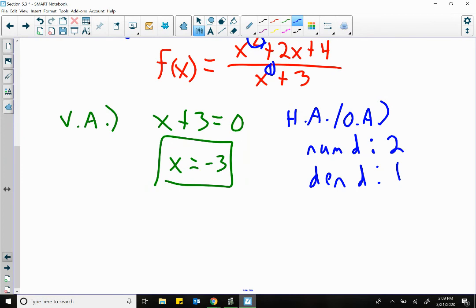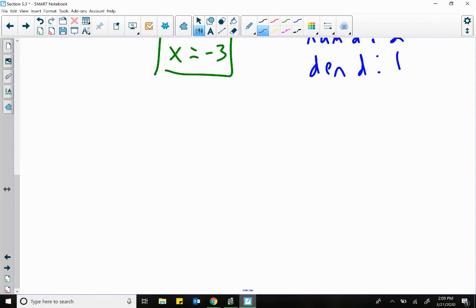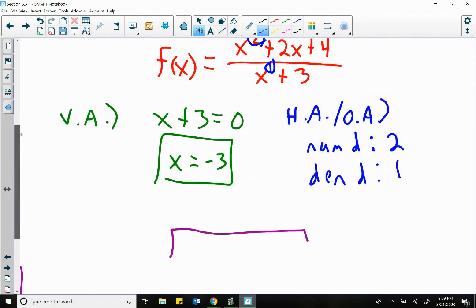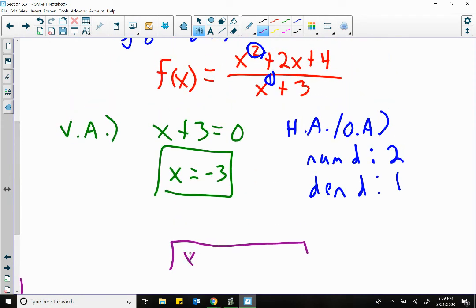So that means we now need to run long division. And no running synthetic division. If you know synthetic division, we have to run long division. Okay? So long division. We have x squared plus 2x plus 4.